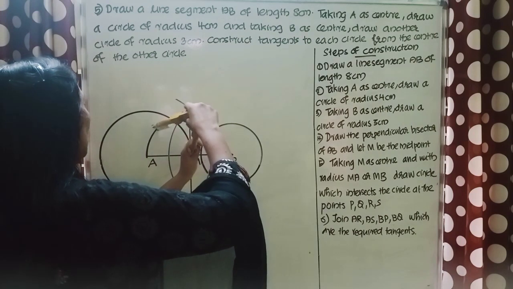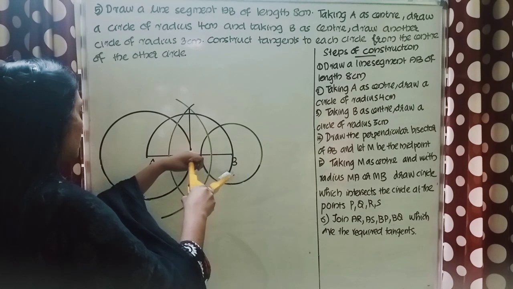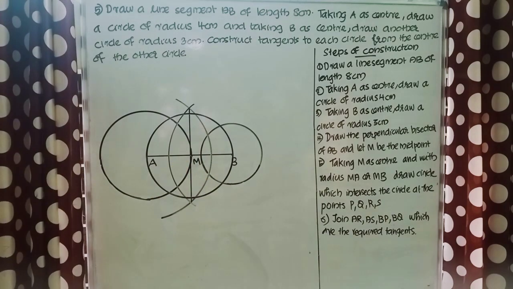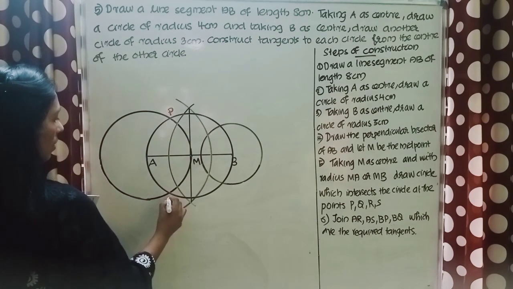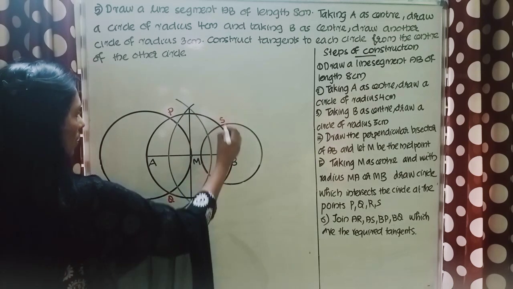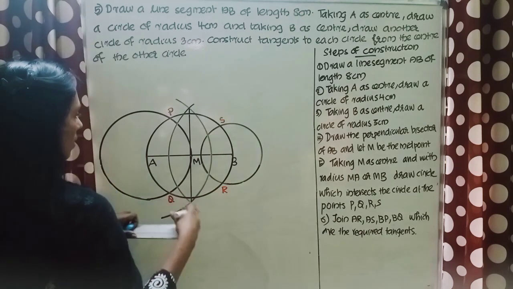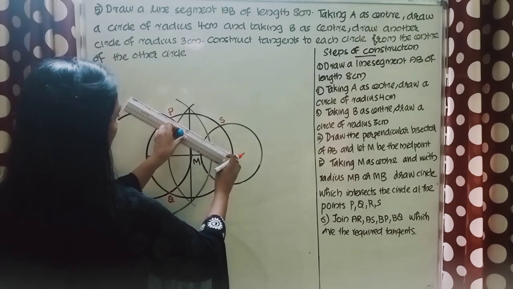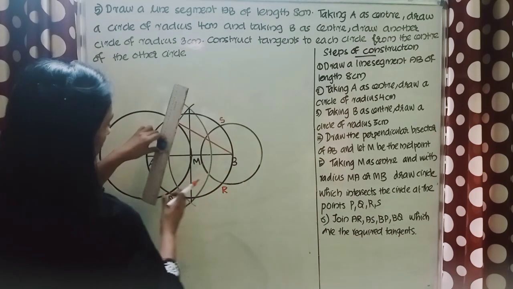Now, by taking M as center and MA or MB as radius, draw a circle which intersects the other two circles at the points P, Q, R and S. Join BP, BQ, AR and AS, which are the required tangents.